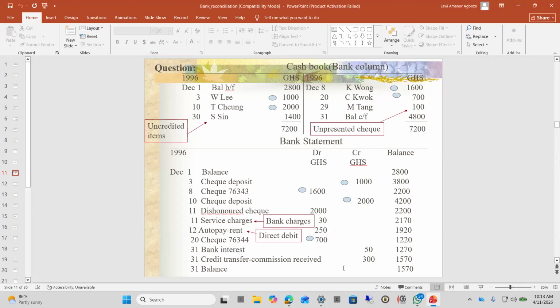On the same 31st December, a credit transfer commission received on the credit side, 300 cedis, and the balance was 1,570.